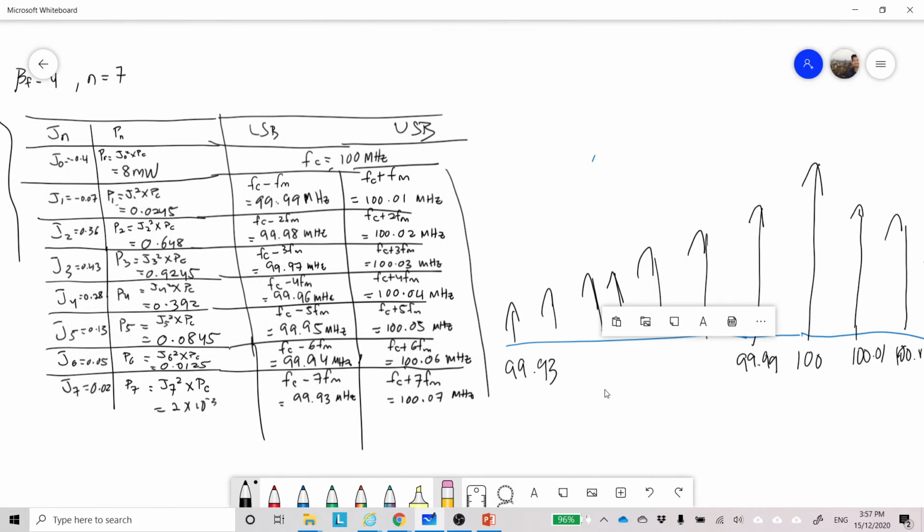Power dia adalah bersamaan dengan tadi yang J0 adalah 8 mili, tadi saya ada silap sikit.